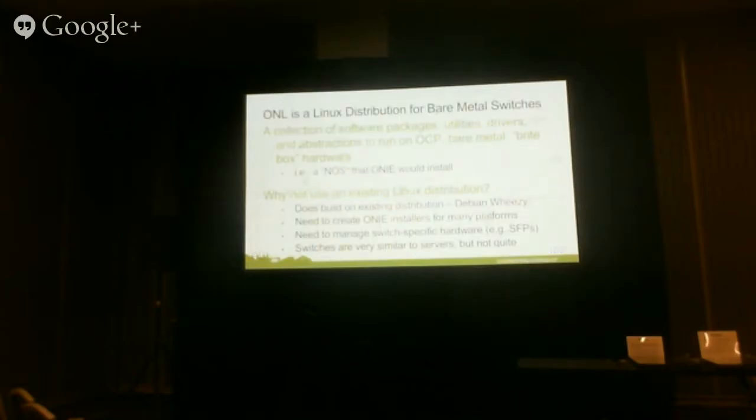So what is Open Network Linux? Open Network Linux is a collection of software packages, utilities, drivers, APIs, and abstractions, trying to get Linux or some fraction thereof to run on all the switches. In other words, it would be a distribution that only installs, or an example distribution. So why not use an existing Linux distribution?